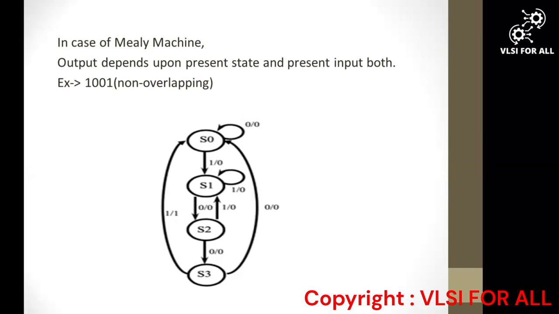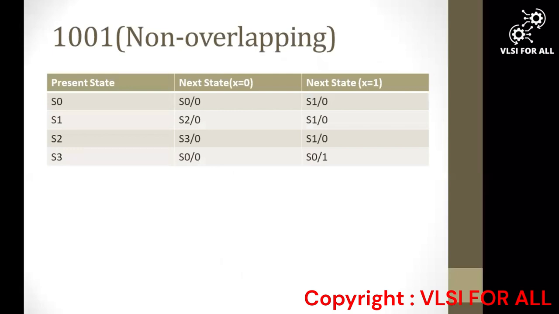Here we have considered S0 to S3 as the present state, and for input x equal to 0 we have taken the next state, and we have taken the next state for x equal to 1. This state table is created by using the previous state diagram, and it will be used in the VHDL code, as we will see now.